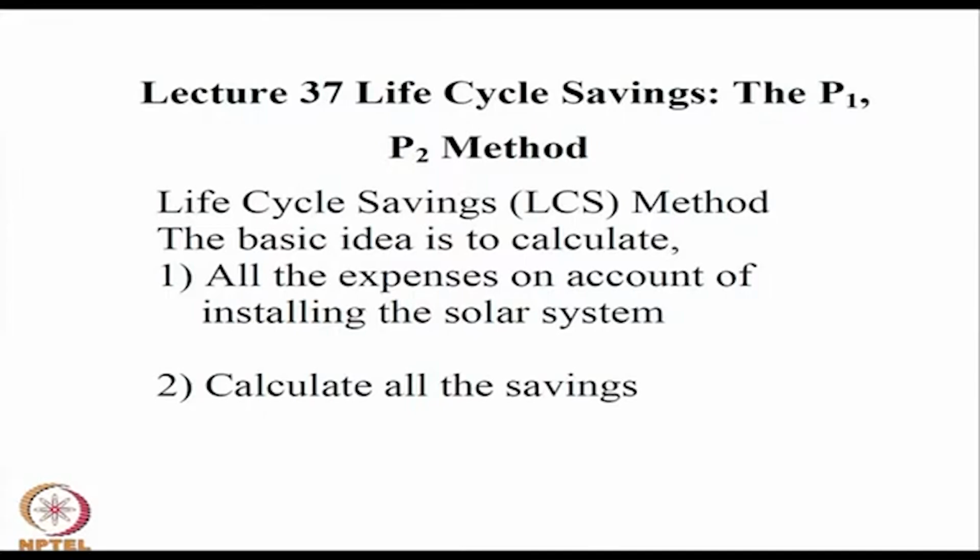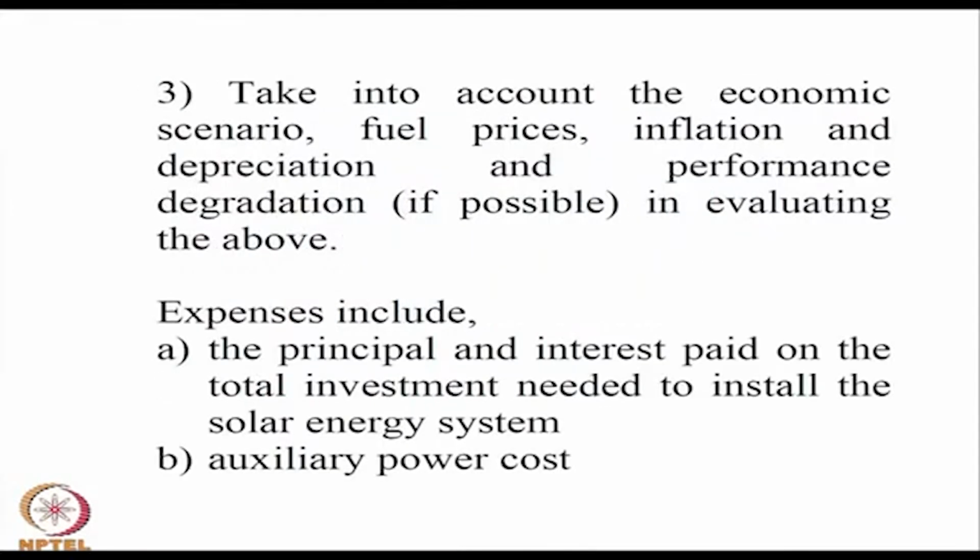In general, the basic idea of the method is that all the expenses on account of installing the solar system have to be taken into account and all the savings calculated. Take into account the economic scenario, fuel prices, inflation and depreciation, and performance degradation if possible, in evaluating the above.